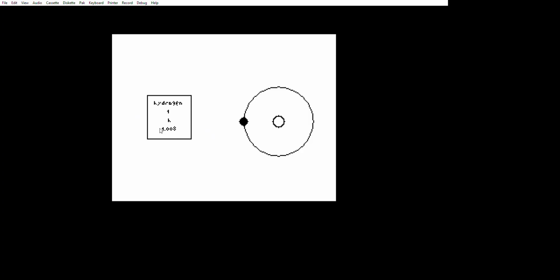Another example of something that's not an element that some people think is an element would be magnetite. Magnetite is found in nature. It's sort of like an ore, and it's actually a mineral, not an element.